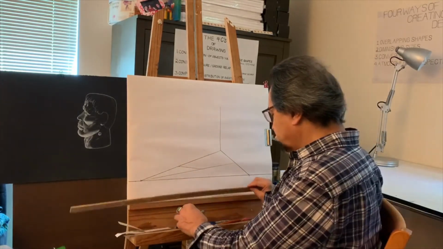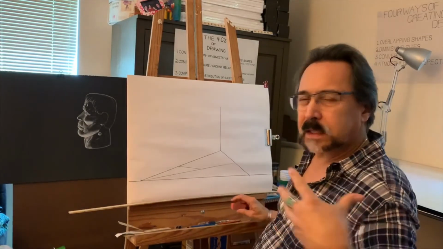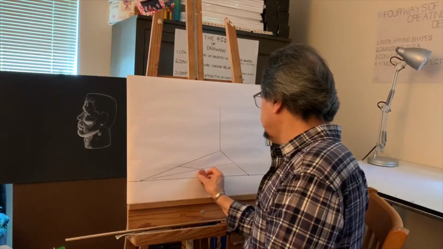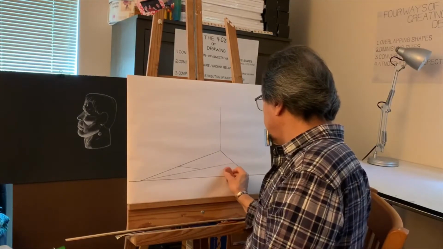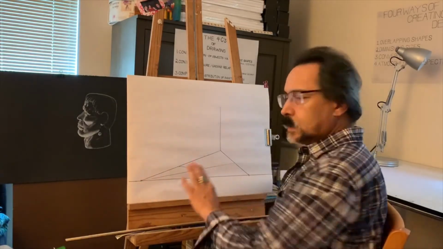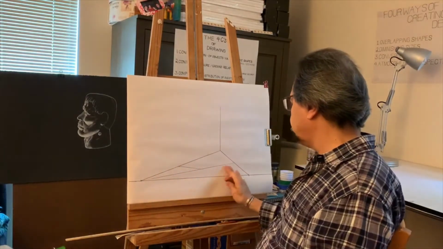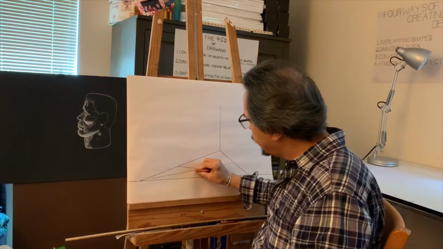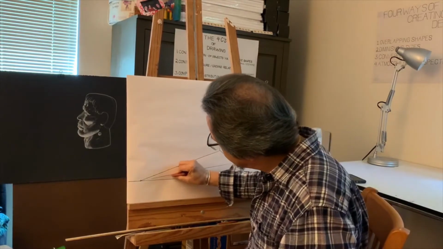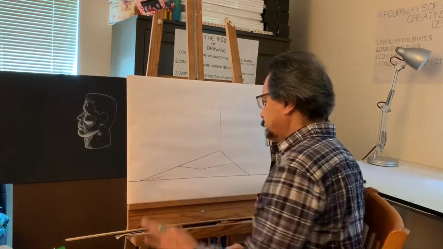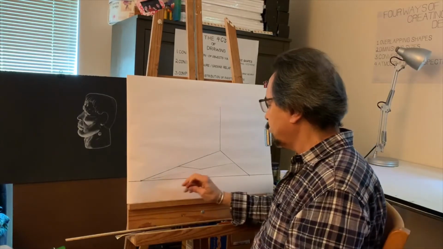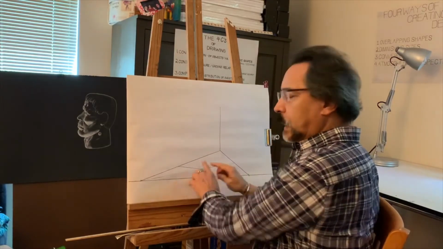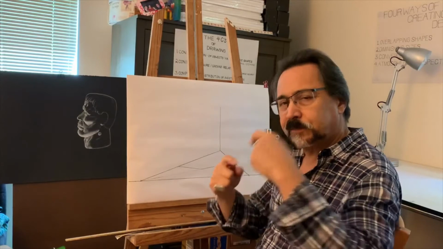So now I go to my eraser and get rid of lines that may confuse me. Horizon line down here, I can leave that, it's not bothering me. The point where they both meet is really important that it be very clear.